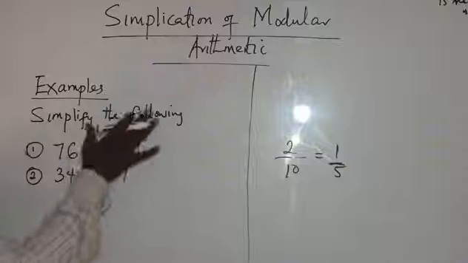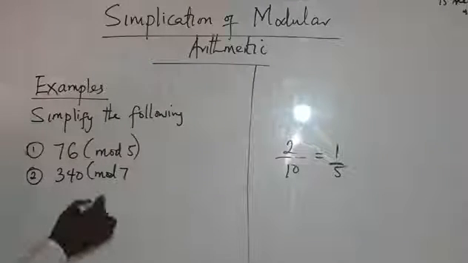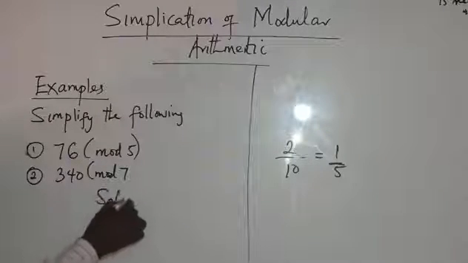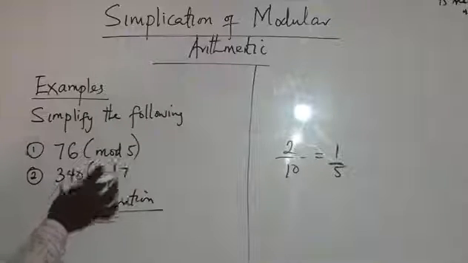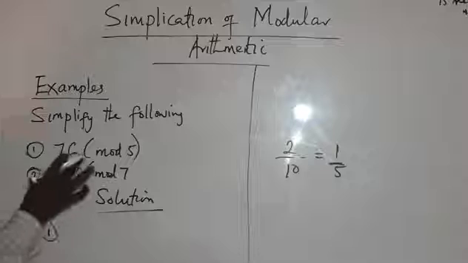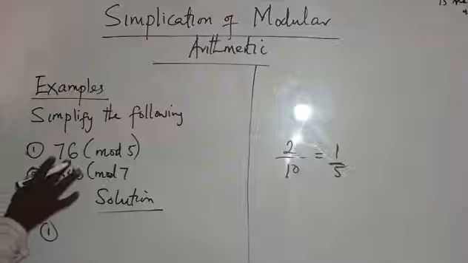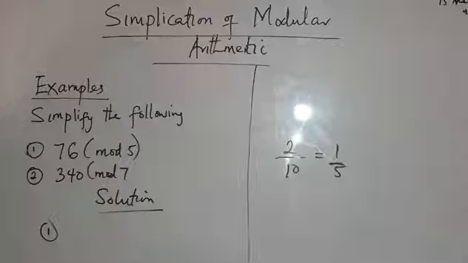So in this portion of the video, the solution now will be: since it is mode 5, we're going to use 5 to divide 76 and see what will be the remainder.